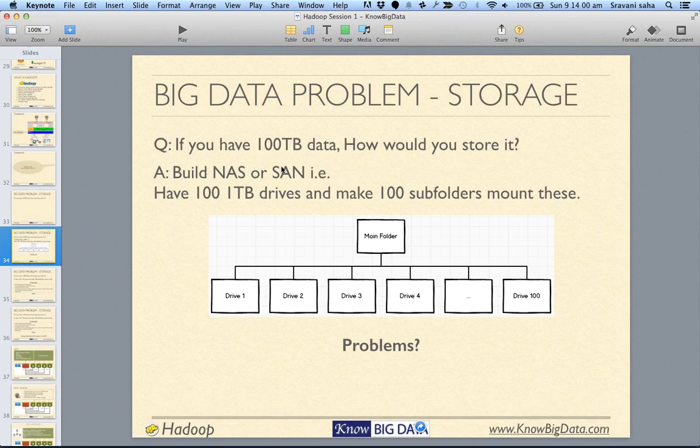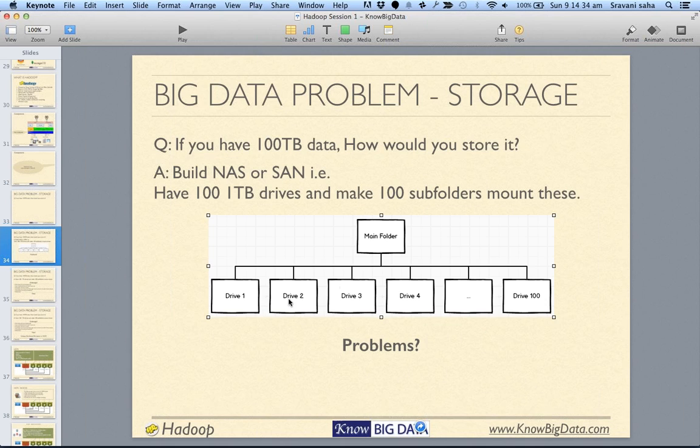So this is what we typically did, as Hariharan says. We took these hard drives, say 100 hard drives, each of 1 terabyte size. We connected them to multiple computers and made these hard drives available by way of networking to all the computers. Now we mounted all these hard drives as subfolders under a folder.